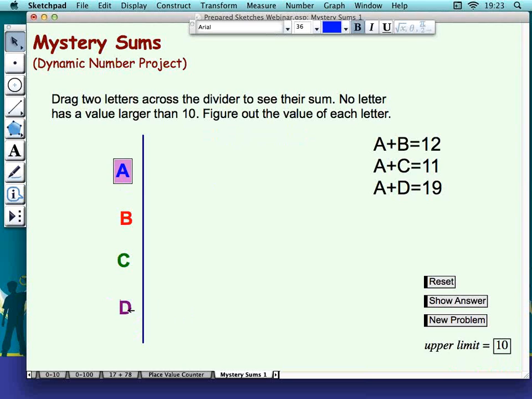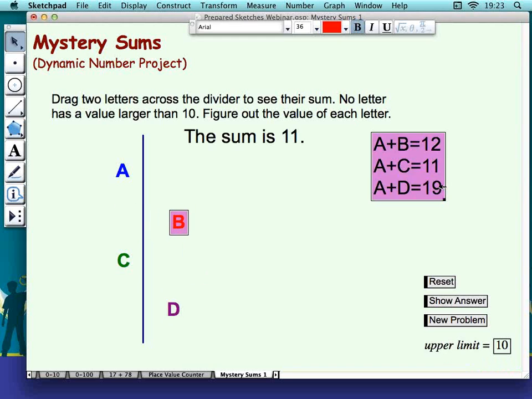Okay, let's try some other numbers. How about D plus B? D plus B is 11, and A plus B was 12.